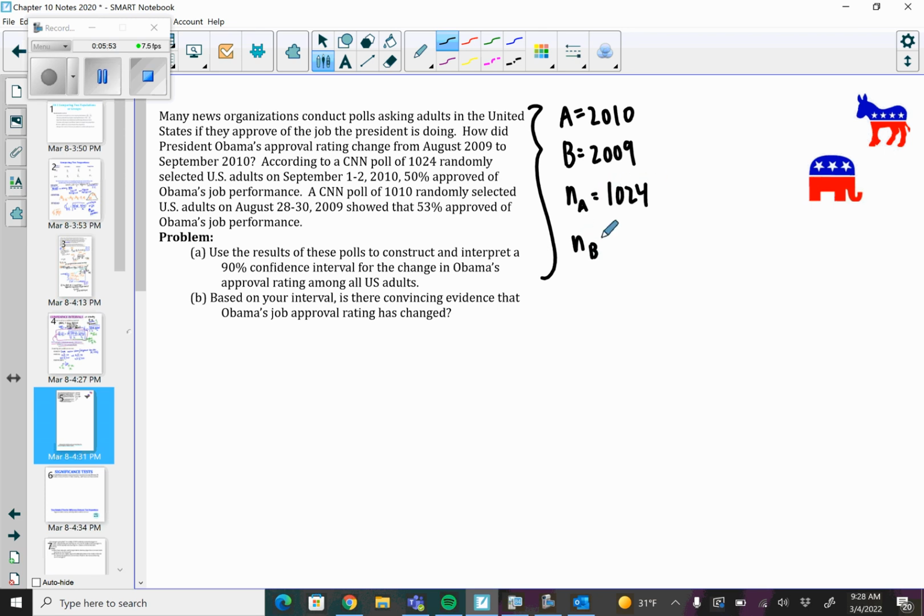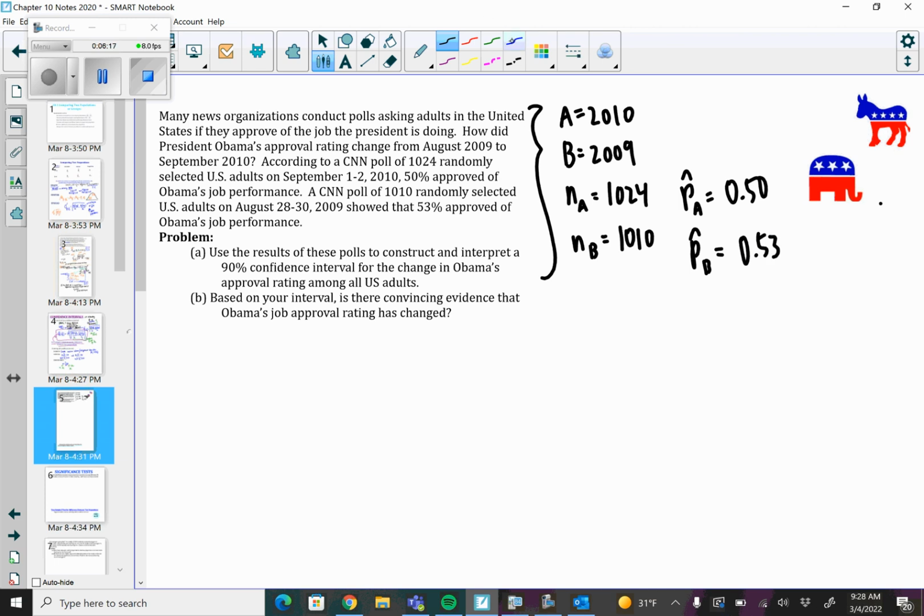And our sample size for 2009, NB, is 1010. We are also told that the sample proportion for A in 2010 is 50%, 0.5, and our sample proportion in B is 53%, 0.53. This is the information we have been given.